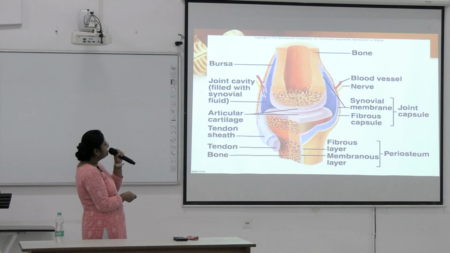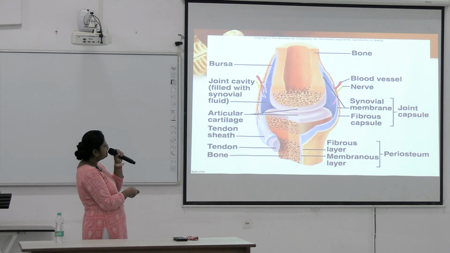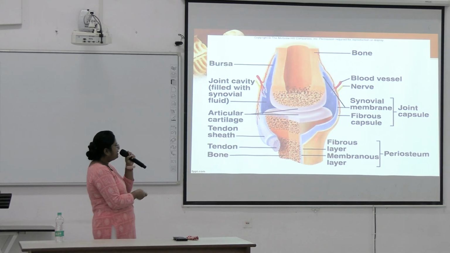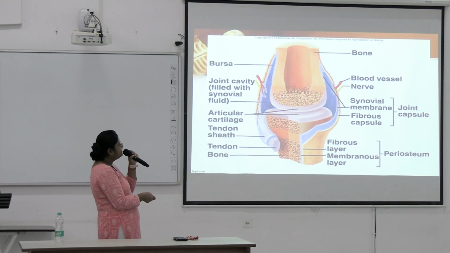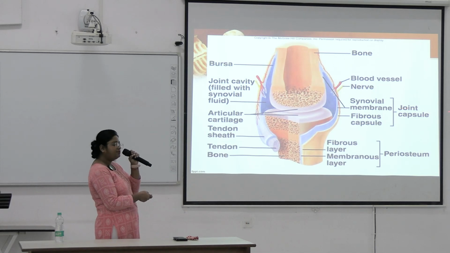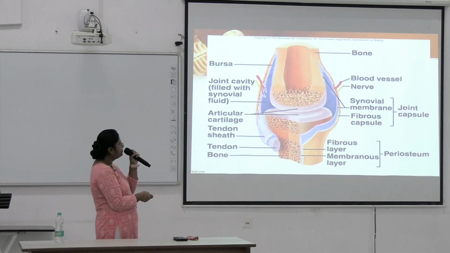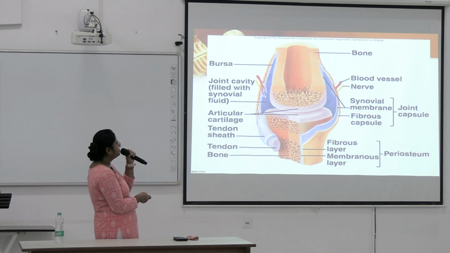This membrane is the synovial membrane, this blue colored one, and outside it there is the fibrous capsule. Fibrous capsule is blending with the periosteum, the outside covering of the bone. So these two are forming the articular capsule or joint capsule. The synovial membrane and fibrous capsule together form the articular capsule or joint capsule.